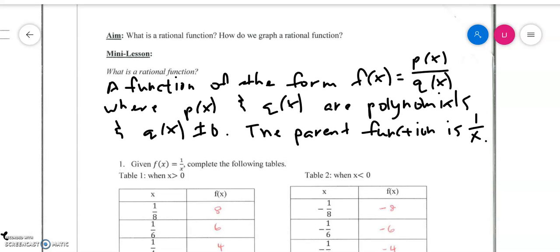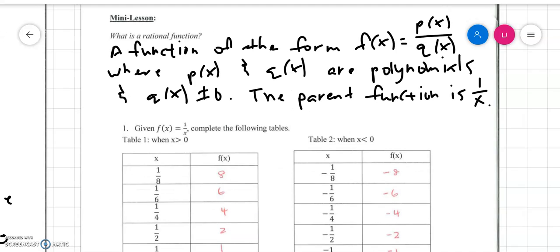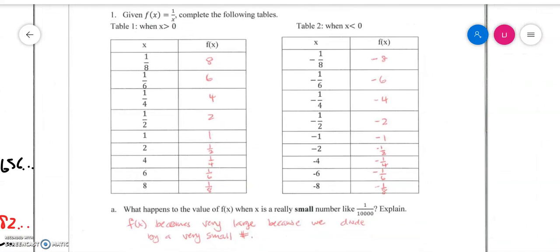All right, after this, you have to fill in your table. I trust that you were able to fill in your table, whether you used a calculator to help you or whatever. I'm going to be posting this online, so you can pause the video here if you want to check your table.